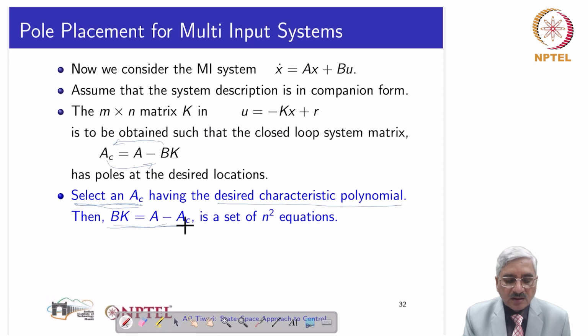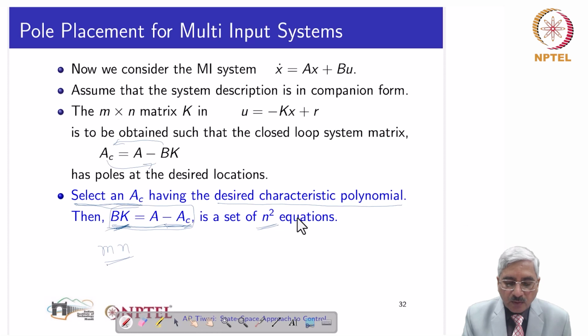A is known, AC is selected. So BK will be an n by n matrix. In that, mn unknowns are there. K is m by n matrix, so mn unknowns are there, and we have total n square equations in this set.